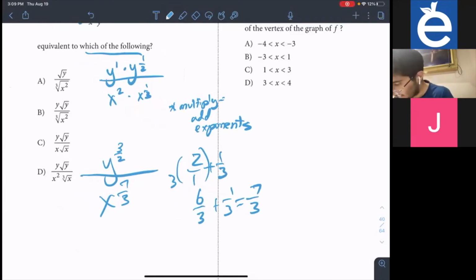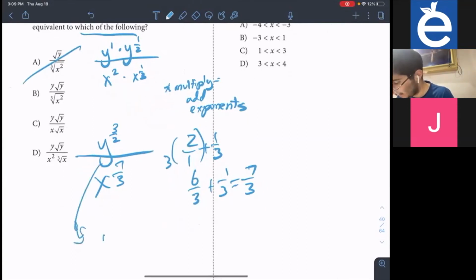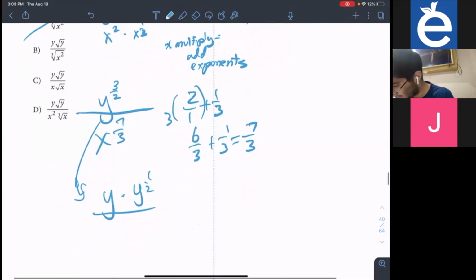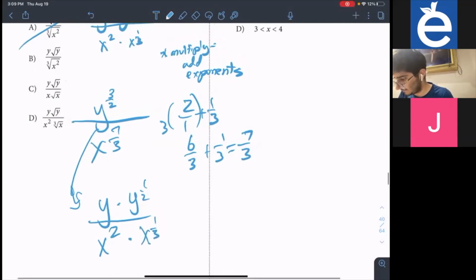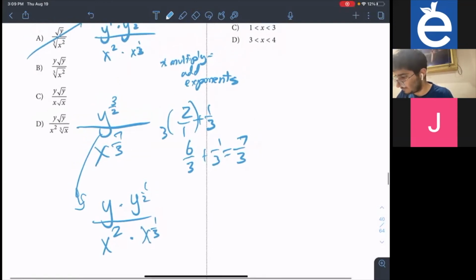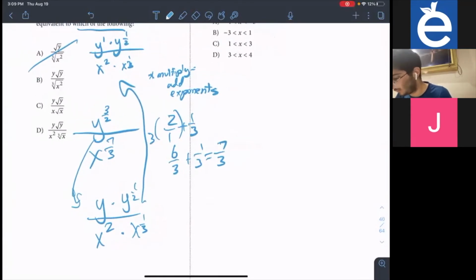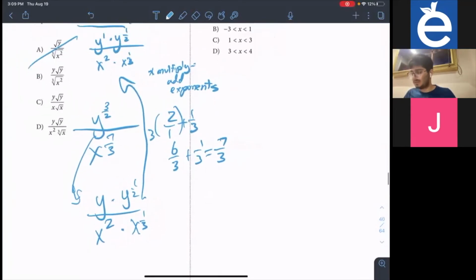So it's not this one, but this could also be simplified as y times y to the 1/2 over x squared times x to the 1/3, because 3 times 2 is 6. That is basically what we simplified from.